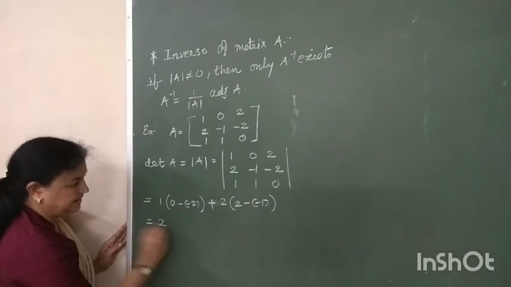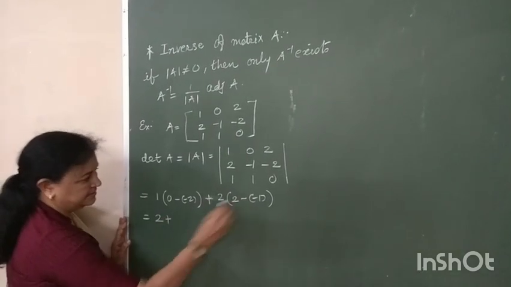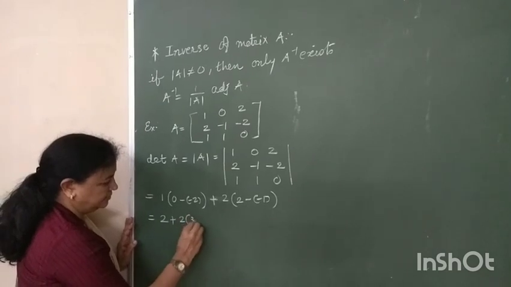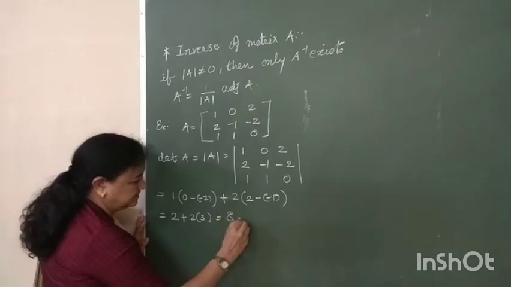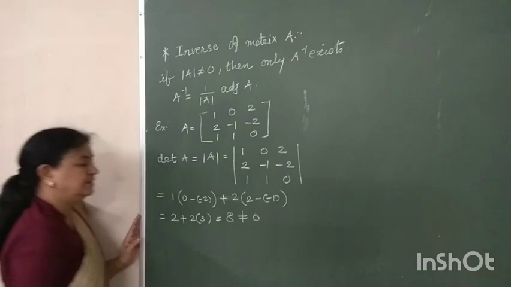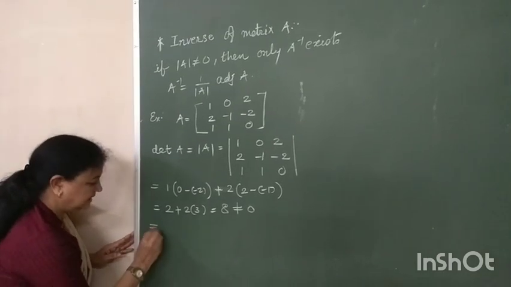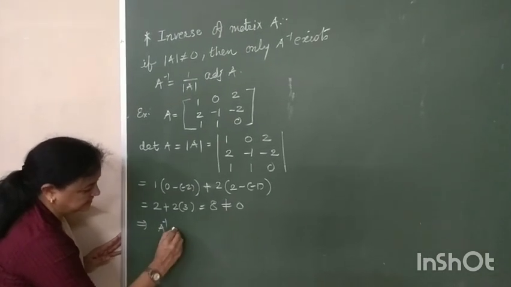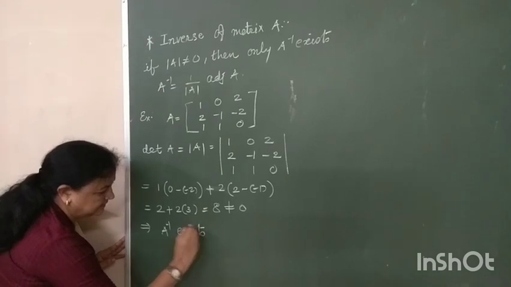So this is 2 plus 2 into 3, so it is 8, not equal to 0. That is why A inverse exists.